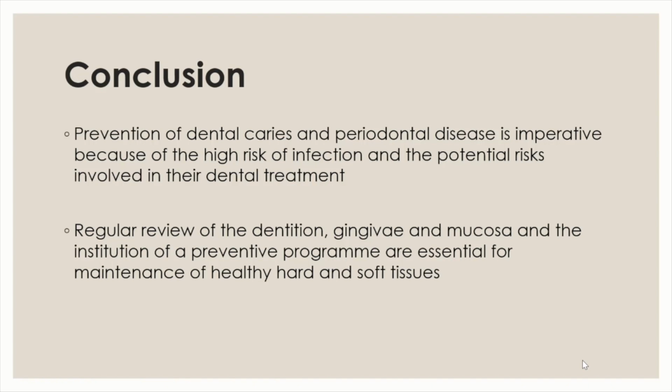Prevention of dental caries and periodontal disease is imperative because of the high risk of infection and also the potential risk involved in dental treatment. Therefore, regular review of the dentition and gingival mucosa, and the institution of a preventive program, are essential for maintenance of healthy teeth and soft tissue for this group of children.